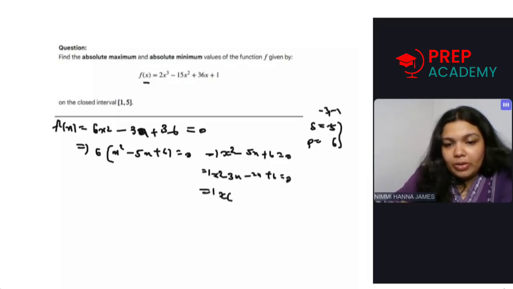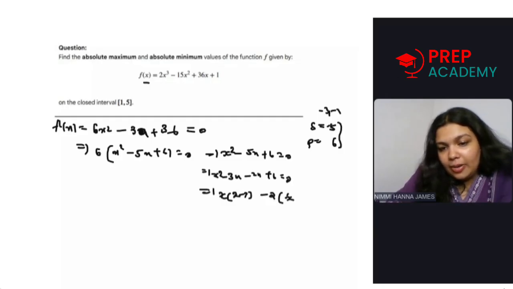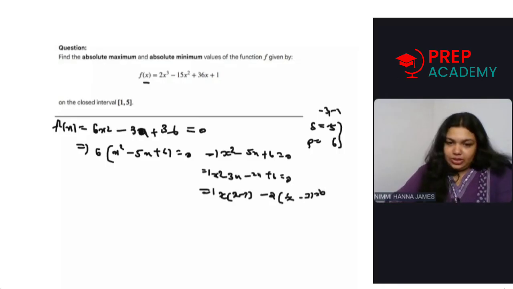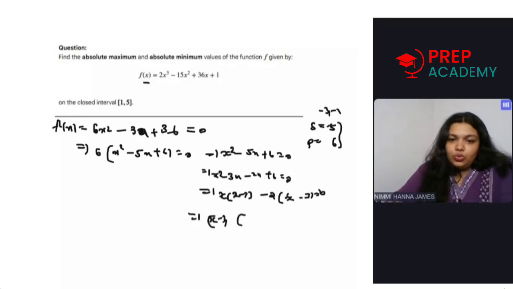Taking x common outside, I get x minus 3, and minus 2 outside, I get x minus 3. I have taken the minus also outside, that's why it is like that. So (x minus 3) into (x minus 2) is equal to 0. So I get x equal to 2 and 3.